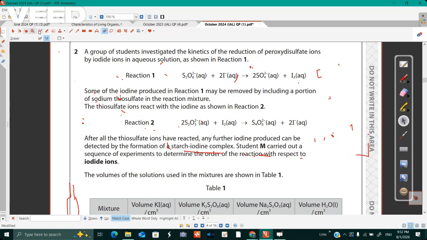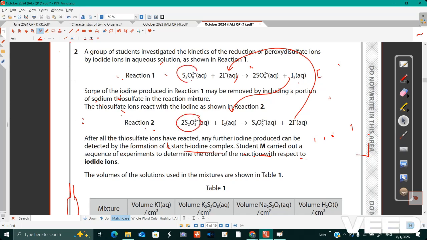You know it is going in cycles now. The first reaction is happening, this is again coming here and it is getting moved back to here. Now, if we had a greater number of moles of thiosulfate than this, what will happen?